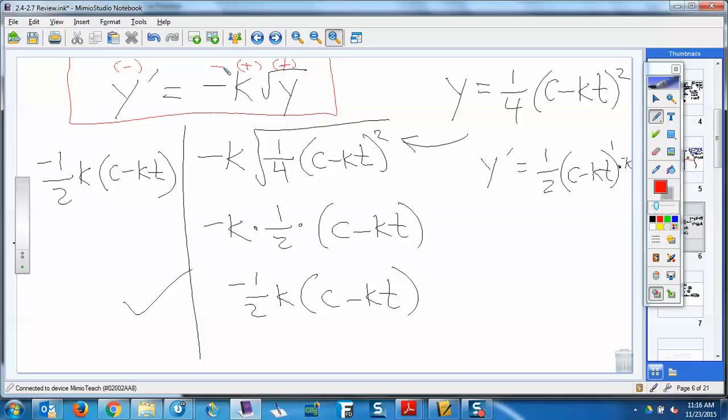A lot of times I'll get people rationalize that. They'll say, well, k has to be negative because the water's dropping. No, what's negative because the water's dropping? Y prime. Y prime's negative because y is decreasing. But when you factor in all those other pieces, in this case, k would be positive. My point is this.